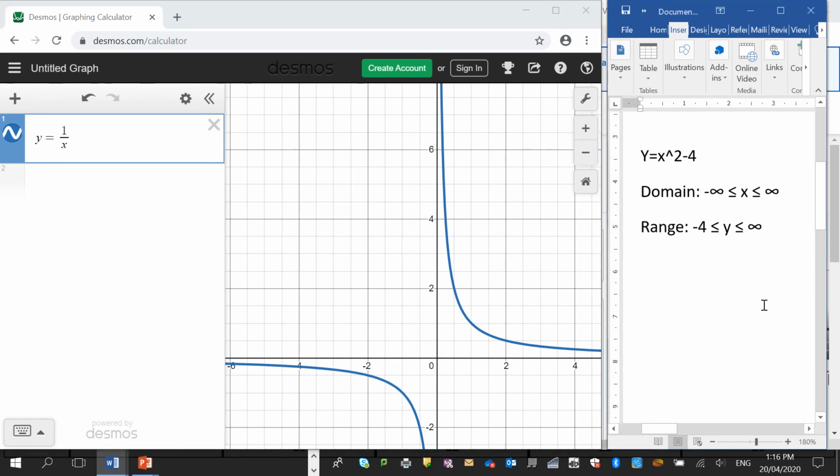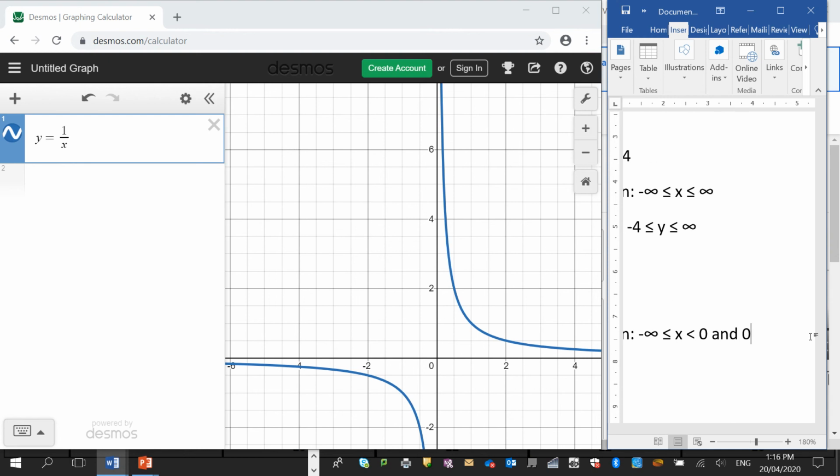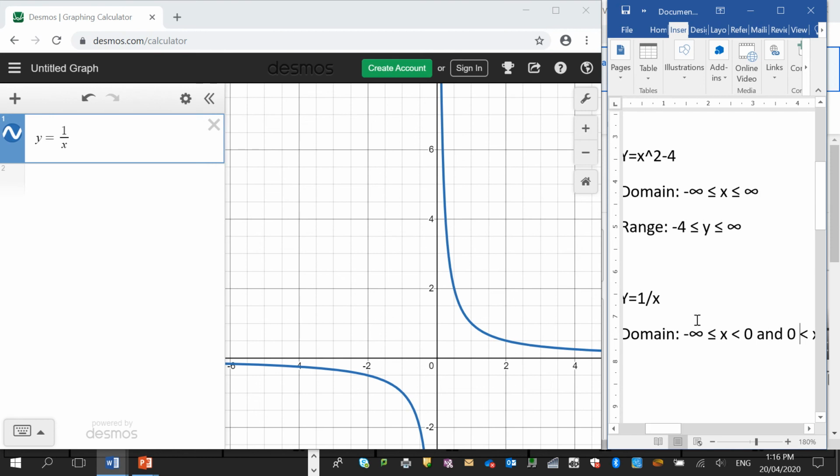But what we can say here for y equals 1 over x, okay, so we can say here that the domain is negative infinity all the way up to 0, but we won't reach 0.